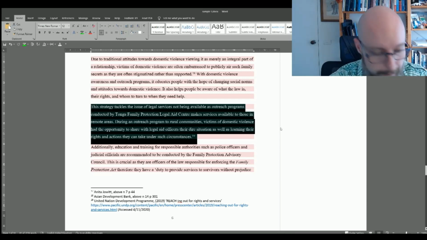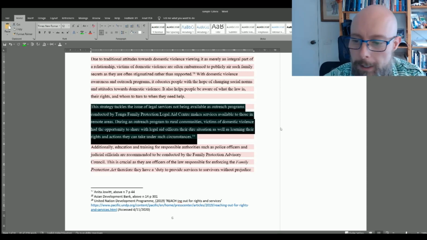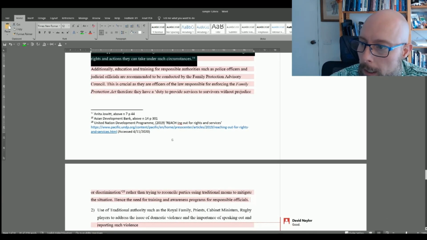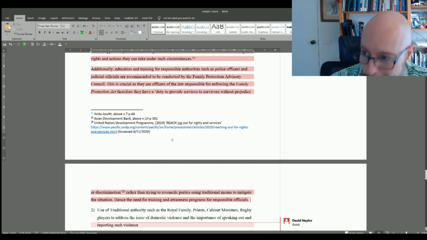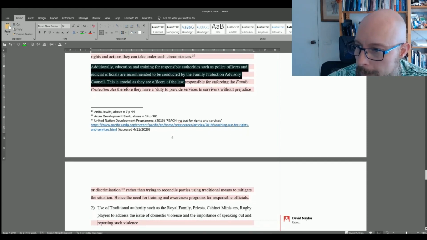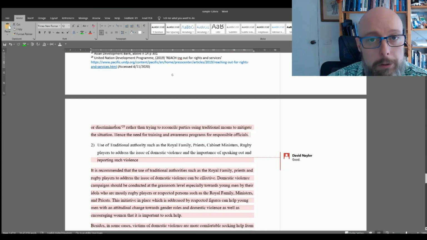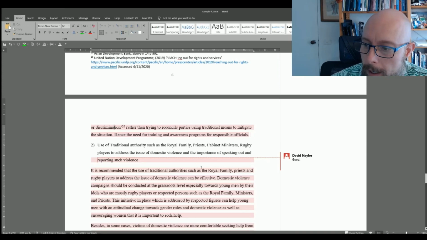In addition to this outreach, perhaps we can also talk about the domestic violence issue and make people more aware of the act or whatever. And then training for police and other authorities. Great. They have a duty to provide services without prejudice or discrimination. Good. It's an integrated analysis.